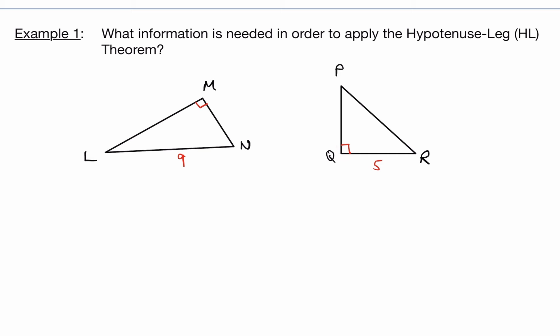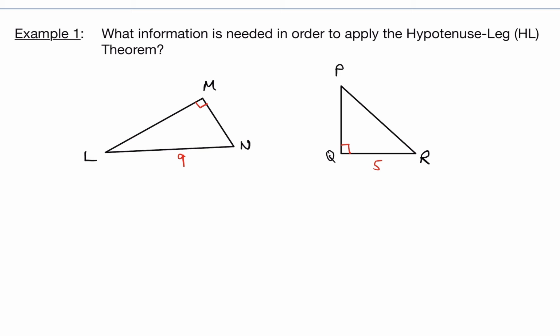All right, so let's take a look at triangle LMN. We see that side LN has a length of 9, and because it is opposite the right angle, this is the hypotenuse.